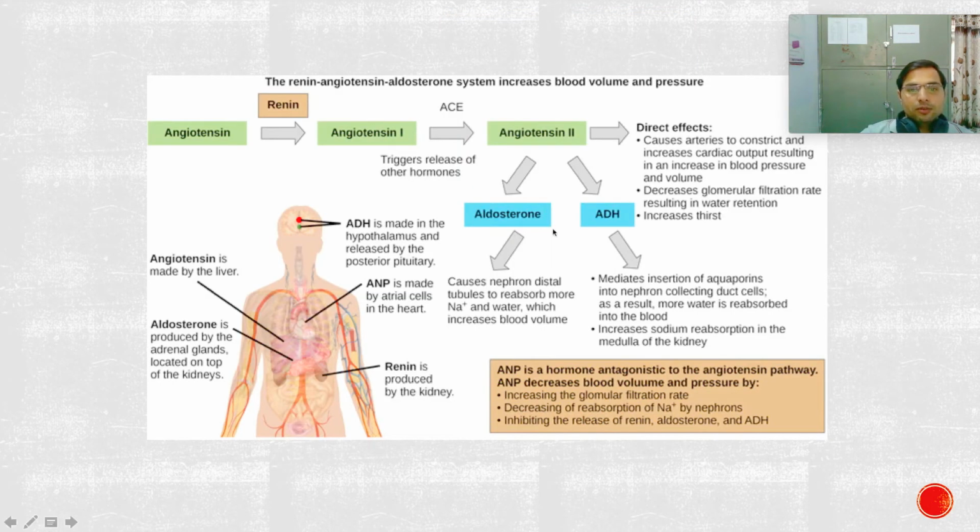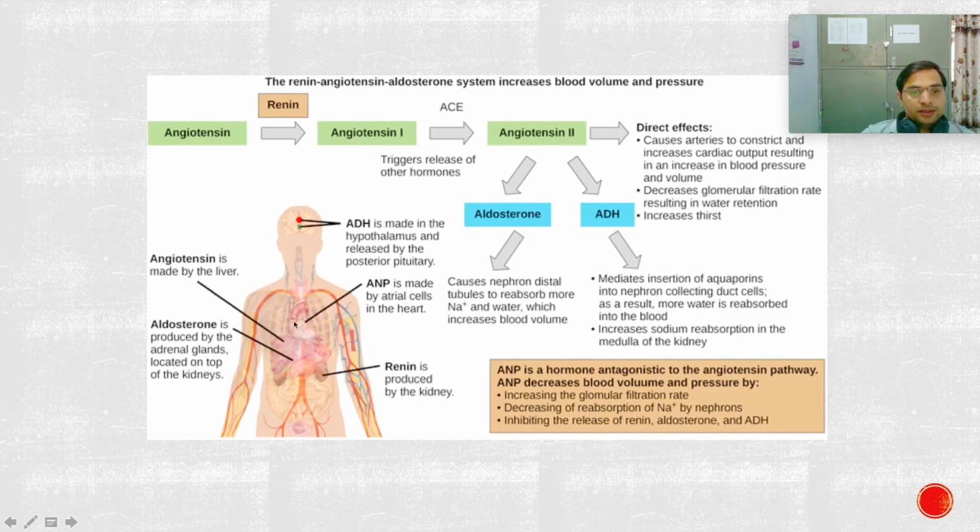So we can understand more by this diagram, right? The renin, angiotensin, aldosterone system, the RAS system. The RAS system increases blood volume, in turn increases blood pressure. Angiotensinogen to angiotensin 1, then angiotensin 2, then aldosterone, right? Angiotensin 2 also makes the posterior pituitary secrete ADH, right? ADH works on the PCT to reabsorb water and sodium, and aldosterone to reabsorb more water and sodium, right?